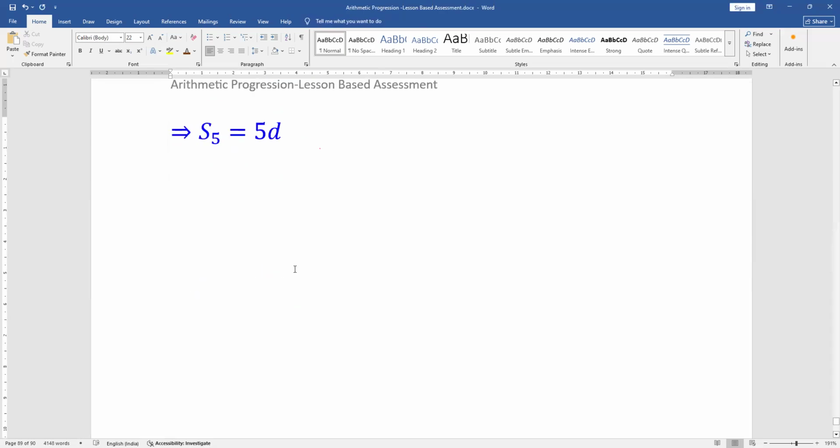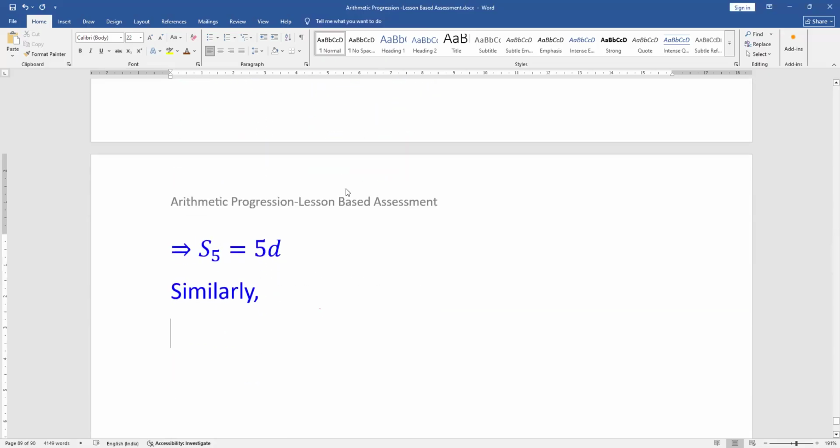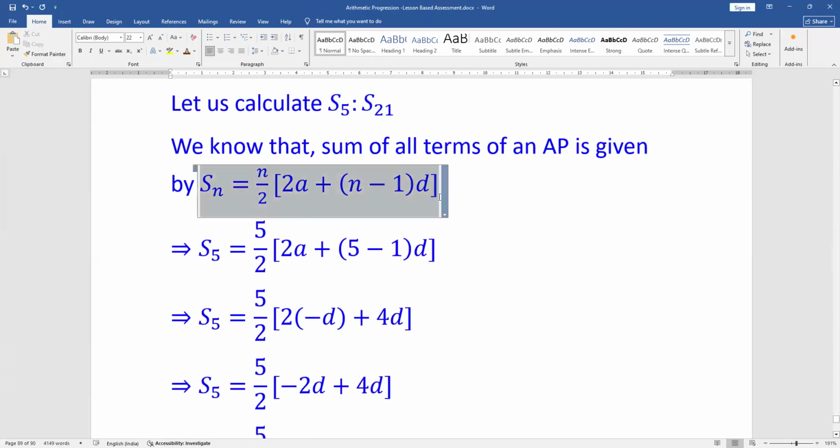Now, similarly, I'm going to write the next part. Now I'm going to find out S21. Take the same formula, same way, no changes.